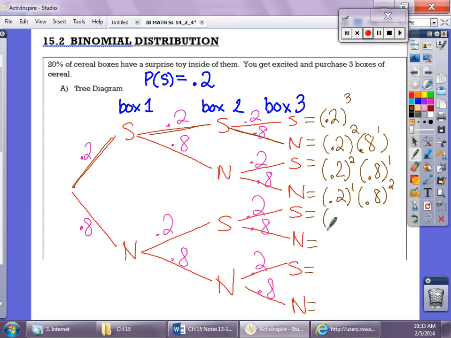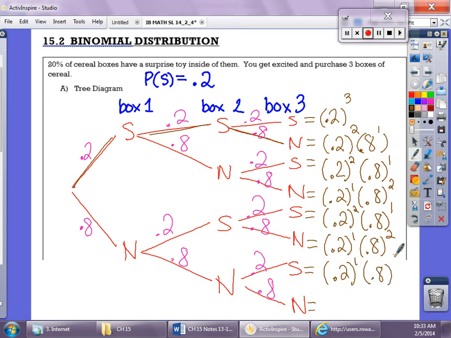Next one, let's hope I'm doing this correctly, NSS, so two 0.2s, 0.8, then 0.2, and two 0.8s, and then the last is three 0.8s.